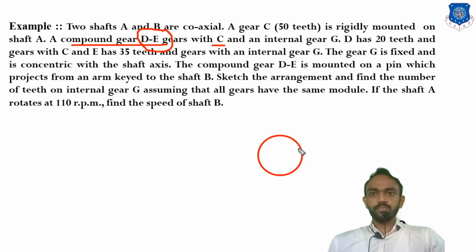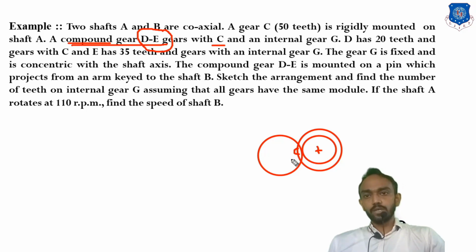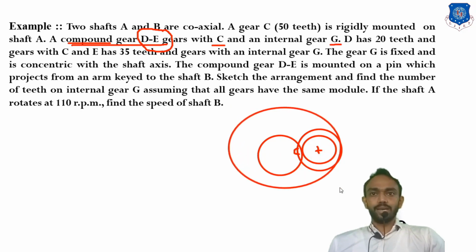This is the C, and one another gear, let's take it as G. Two gears which are coaxial, because compound. In compound there is a single shaft and two gears are mounted. So one will be E and one will be D. But we don't know which gear is connected to C and which gear is connected to G. So first of all, we make the drawing like this. Okay, and this is the gear G.